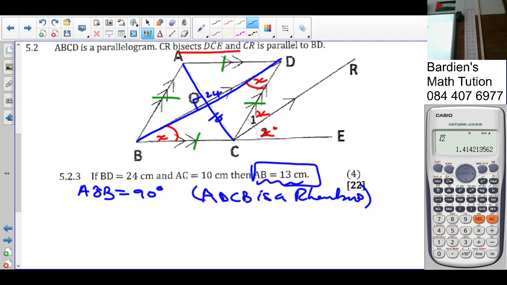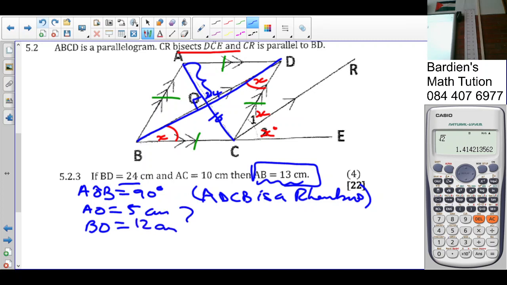Then we know that AO is half of AC, which is 5, and BD is 24, so OB is 12 centimeters.